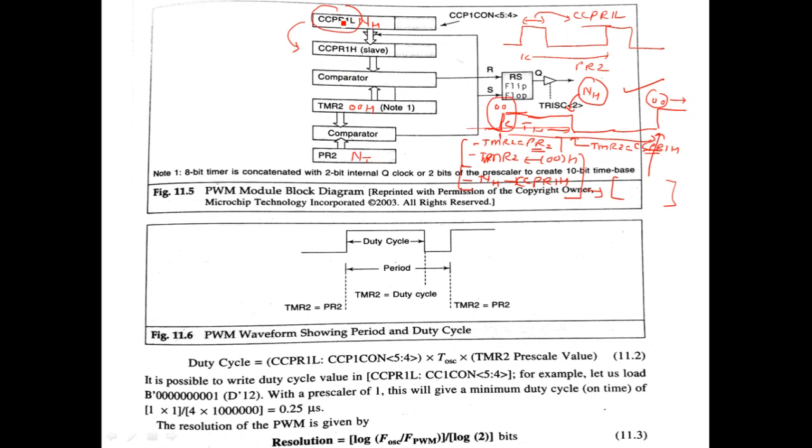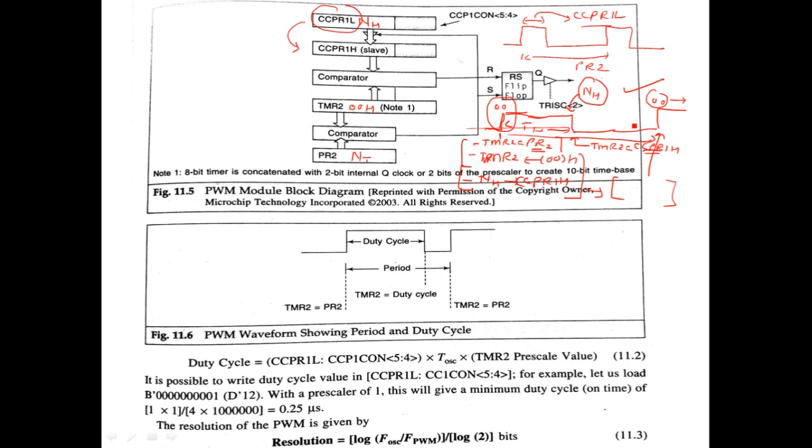CCPR1L is not compared, CCPR1H is compared, and therefore at the beginning of the cycle the count which is to be compared with TMR2 is taken in CCPR1H, so that count remains fixed throughout this cycle.